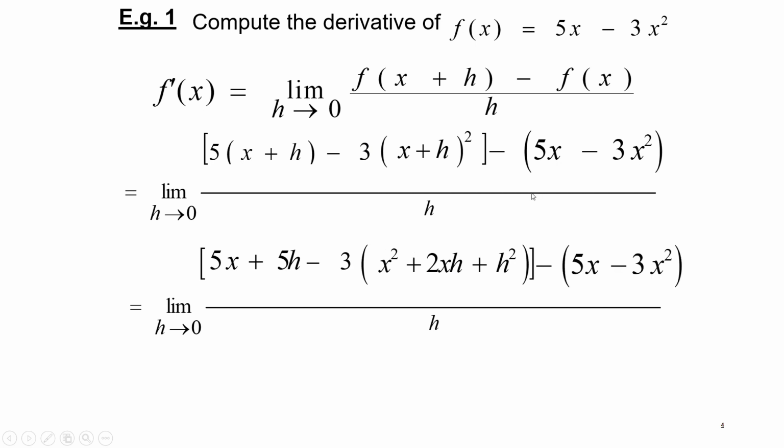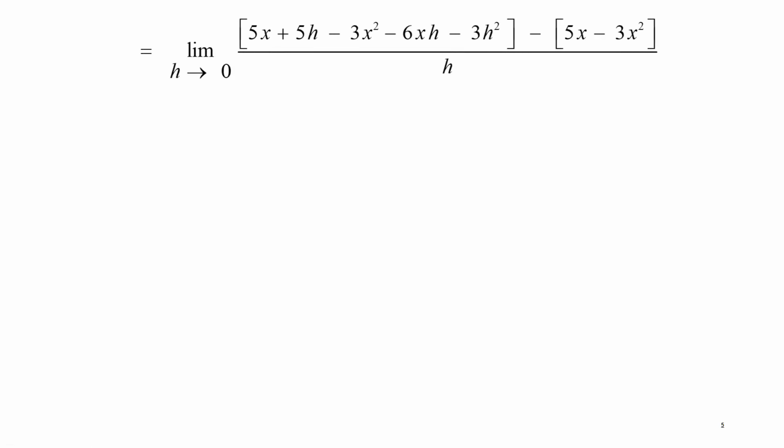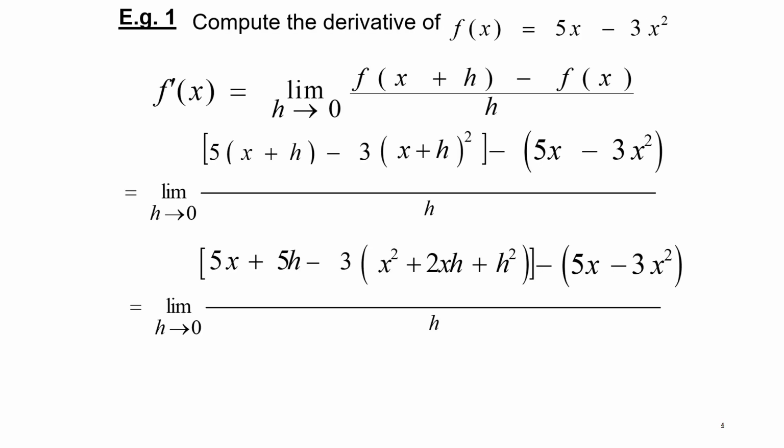Let's talk about this portion now. 5x minus 3x squared, it just comes along. Further simplifying, the 3 goes inside, this 3 expands inside here, goes inside here, and this 3 goes here as well.